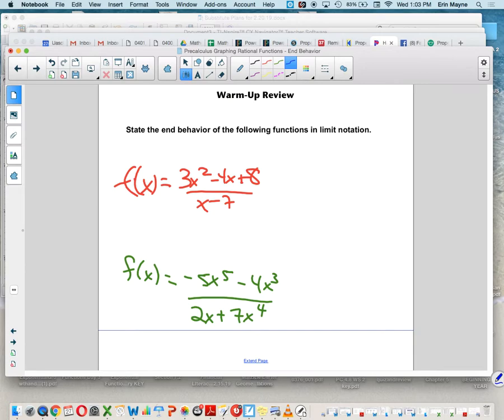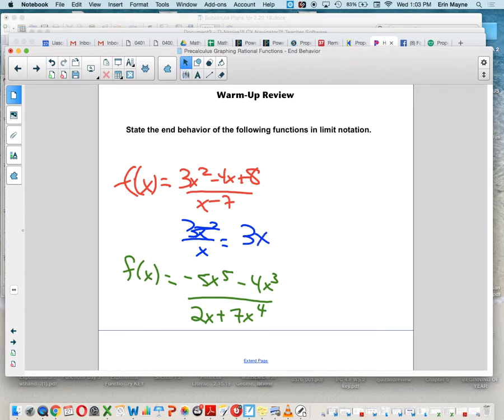Okay, hopefully what you remember from Tuesday is that my fastest technique to finding the end behavior of a rational function, where I have a polynomial over a polynomial, in this case a quadratic over a linear, is to take my leading terms, 3x squared in this case, over x. That simplifies to be 3x.